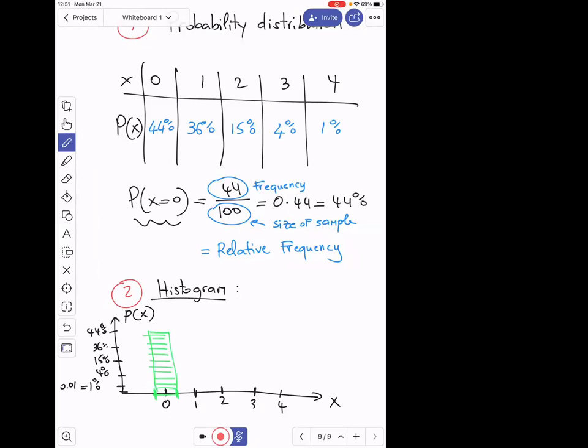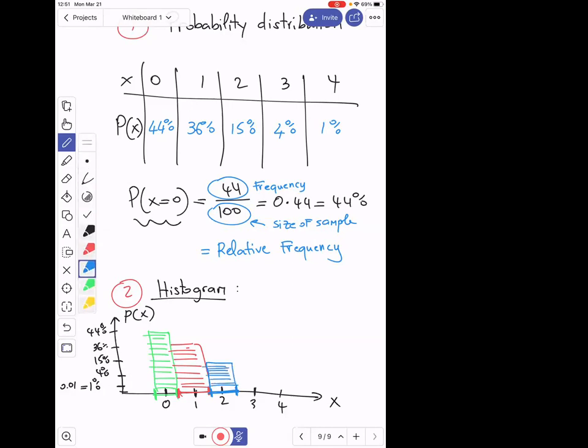Next, we have 36. So here's 36%. Next, we have 15. So we take an interval with the center of the interval equal to 2, and then we need to go up to 15%.